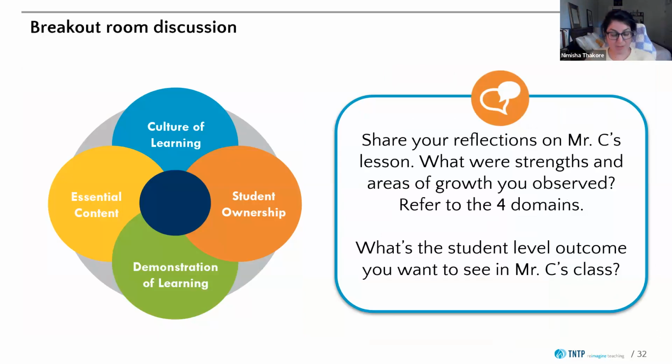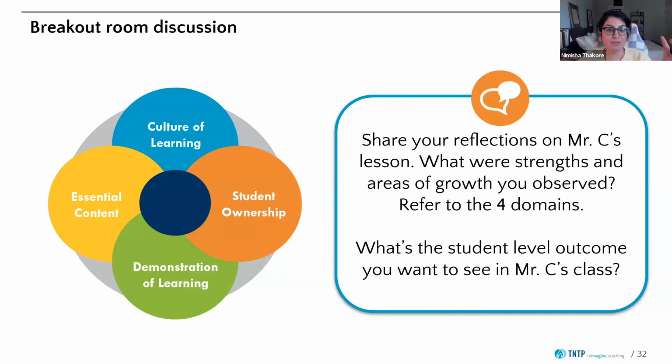Okay, in a moment, we are going to open up some breakout rooms where we'd love for you to take a few minutes. We'll give you a decent chunk of time to chat about this observation and share your reflections on what you observed. What are you starting to identify as potential strengths and areas of growth based on what you observed?